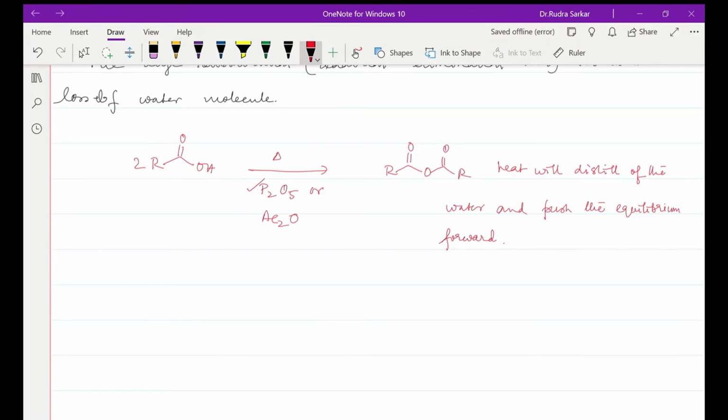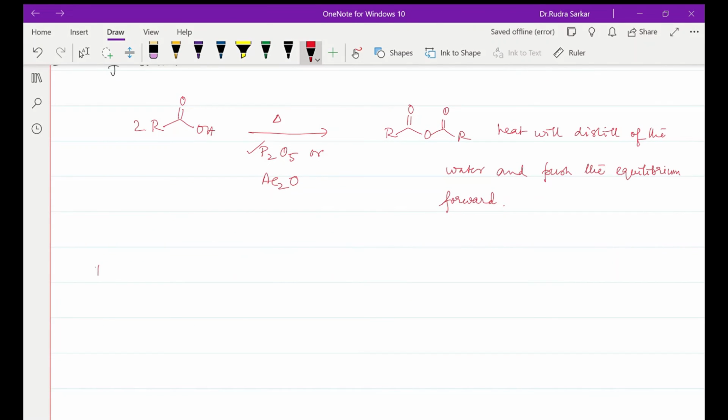So mechanistically, what is happening over here? We have a R double bond O OH, and suppose this is protonated, that means it is activated. This is our electrophilic carbon over here. This is our another acid molecule where the oxygen is acting as a nucleophile, so it is making attack over here.